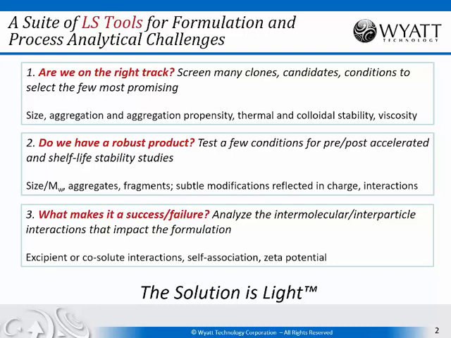If you have a vaccine which is multivalent, you may have interactions between the various antigens in the vaccine. And so light scattering and its variants do address all of these questions and provide a fairly comprehensive solution to this understanding.